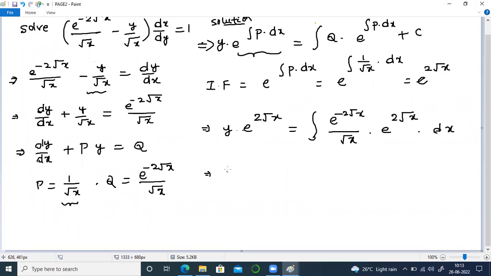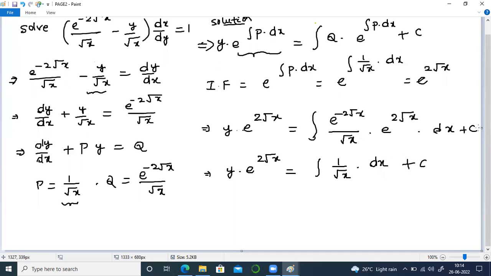So y into e power 2 root x is equal to the integration of e power minus 2 root x into e power 2 root x; a power m into a power minus m becomes a power 0, which is 1. So the integration of 1 over root x will remain, into dx, plus a constant. Don't forget this constant, you have to add it every time.